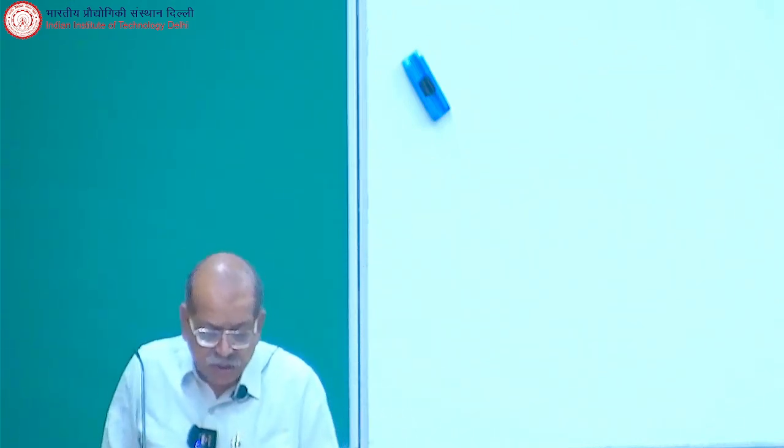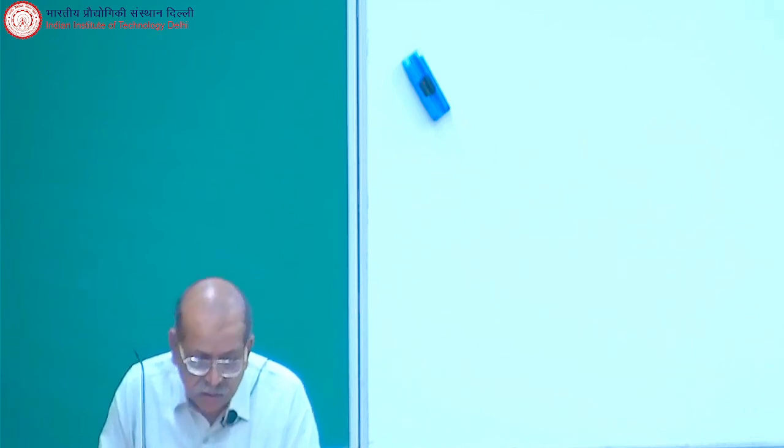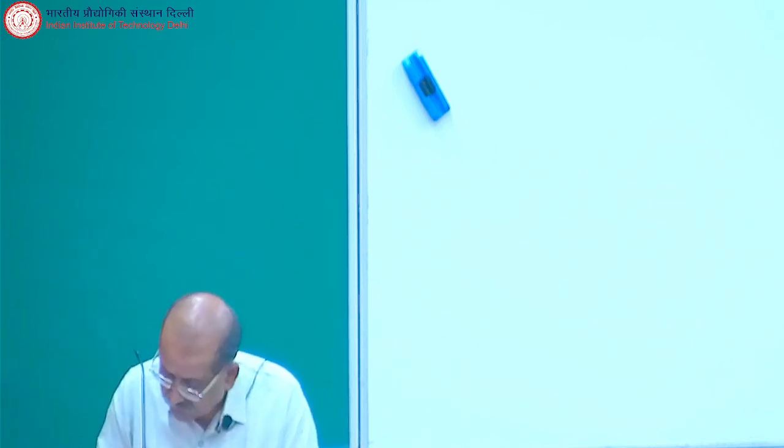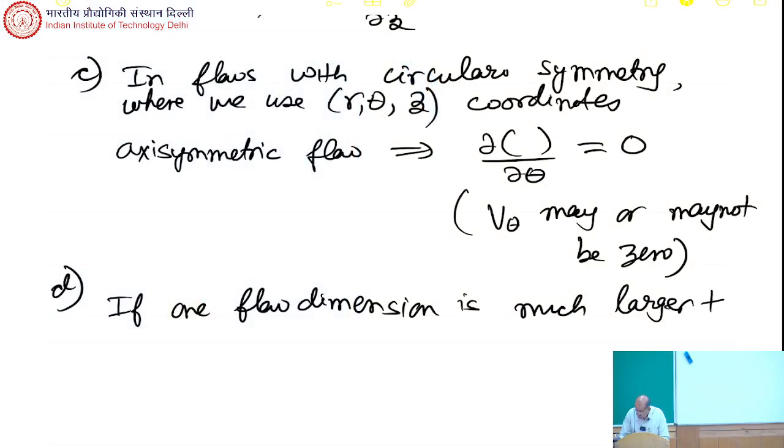Now the fourth assumption which we make is, if one flow dimension is much larger than the other.